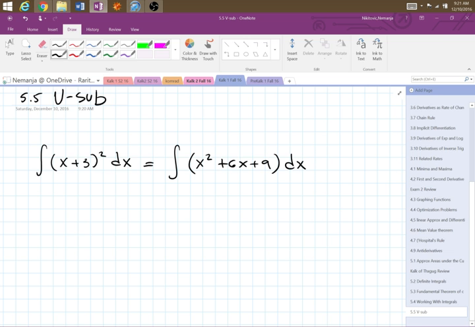And then integrate each term as x cubed over 3 plus 3x squared plus 9x, and then plus c at the end. So x squared was x cubed over 3, x went to x squared over 2, but 2 and 6 canceled, and then 9 went into 9x.